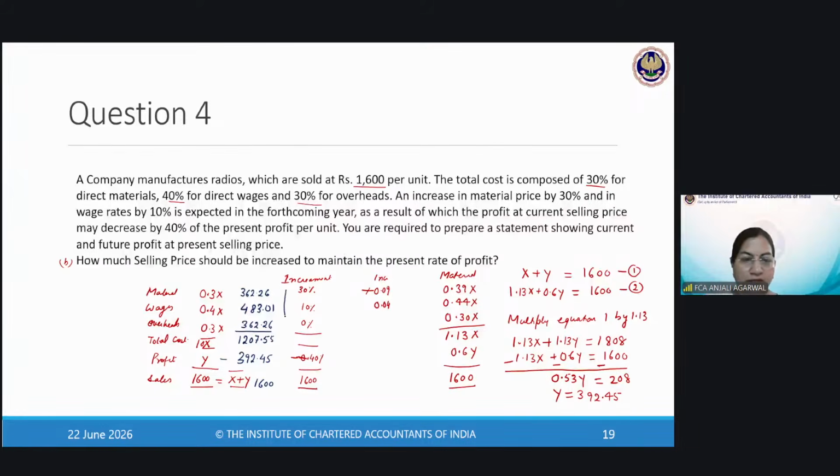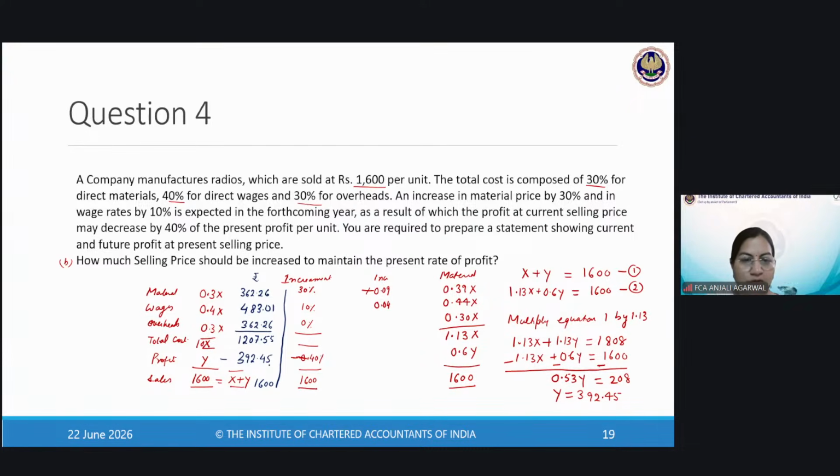So this was your existing, or the last period's, cost sheet. Material rupees 362.26, wages 483.01, overheads 362.26. Total cost would be 1207.55 and sales value is 1600.